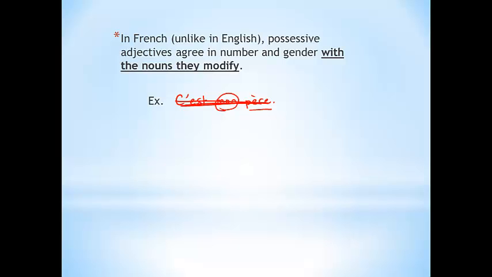So, because frère, brother, is masculine and singular, you will always have a masculine and singular possessive adjective. So, for my, that would be mon, right? That's the masculine singular possessive adjective for my. It will always be mon frère. It will never, ever be ma frère.